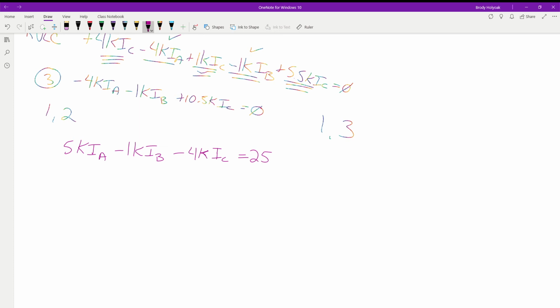Second one we have is negative 1KIA plus 12KIB minus 1KIC is equal to 0. We want to set this up to where we have one variable that is eliminated. I'm just going to do A, make it easy on this one.